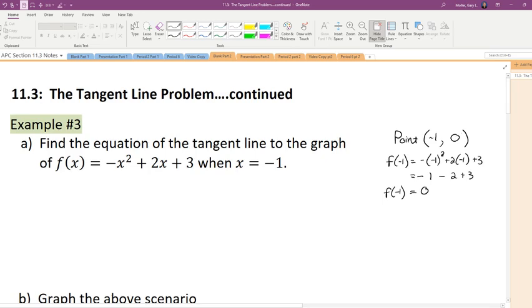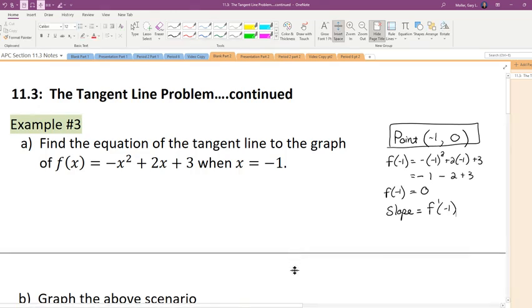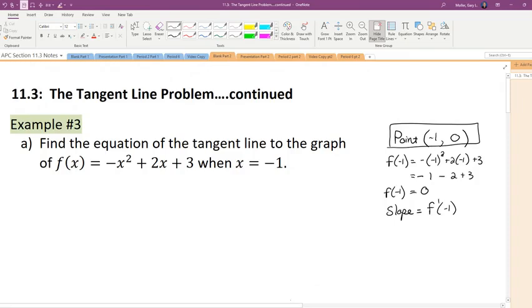What we now need is our slope. And our slope is going to be found by finding the derivative of the function at -1. I suspect I'll need a little more room here. Okay, so I need to find the derivative of f of x at the location -1.